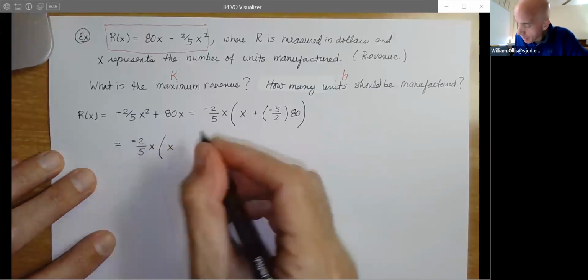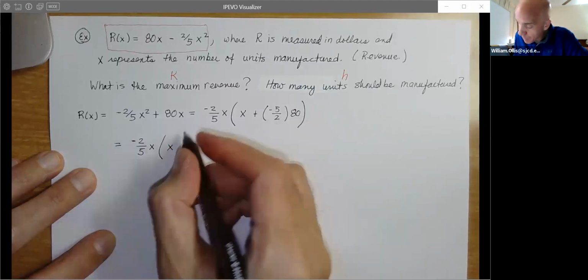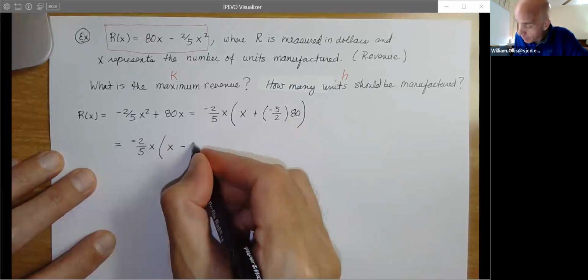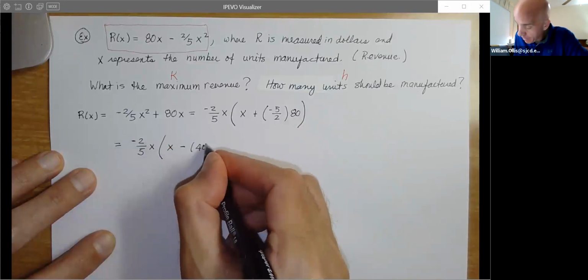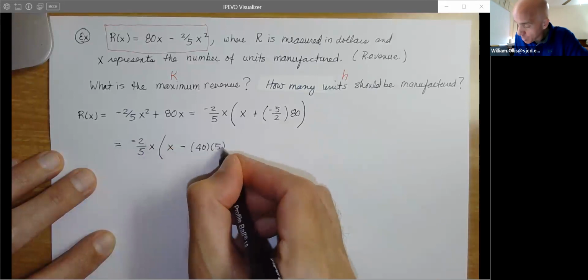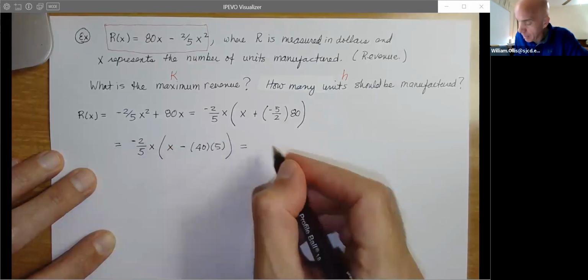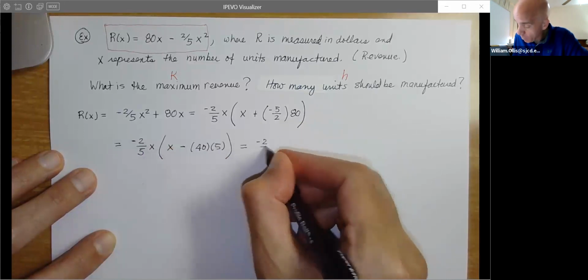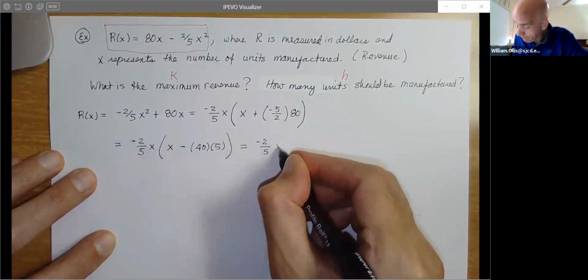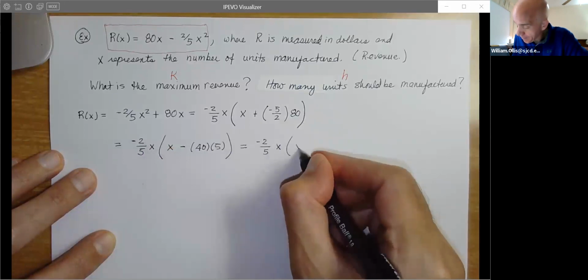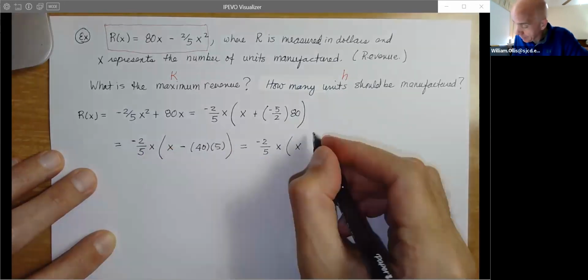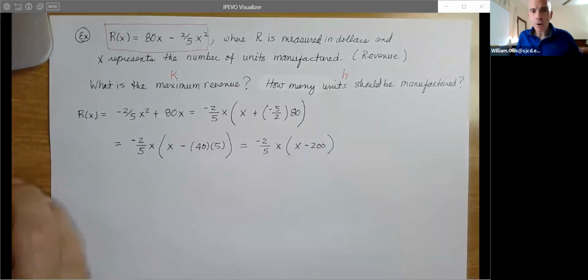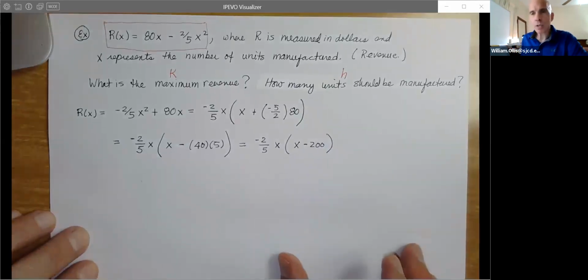But now we have negative 2/5 X. Now notice here we have a minus that's built in. So we have a 2 into 80, that's a 40. And then we have the 5. So just symbolic calculation. So that's a what? A negative 200 or a 200 with the minus sign. Now, you're thinking, what could be easier?